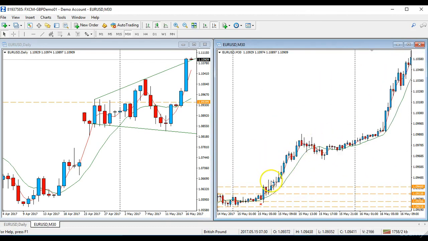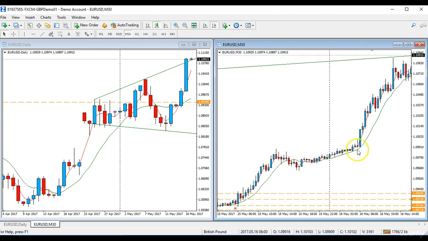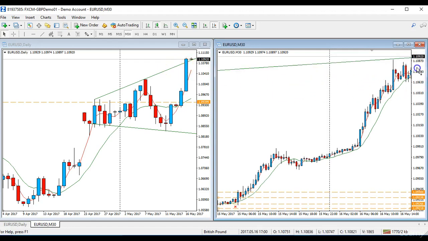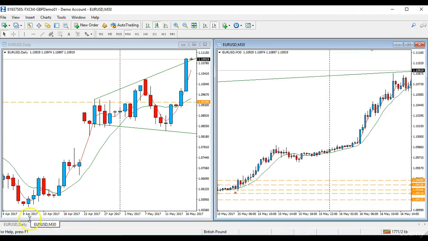Or what we can do is, when price moves away from us, move our stop loss to break even. So we move our stop loss up to the entry, and then we wait for price to move towards this area here and take our profits then, which is what I would recommend.